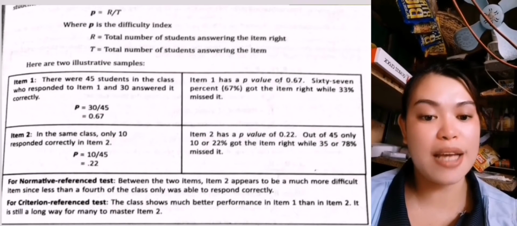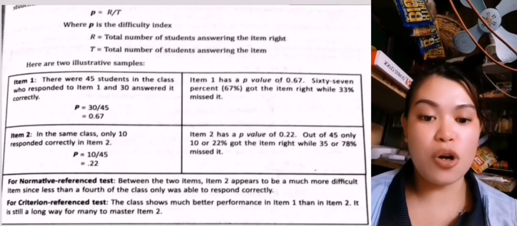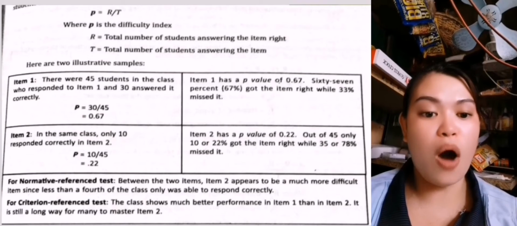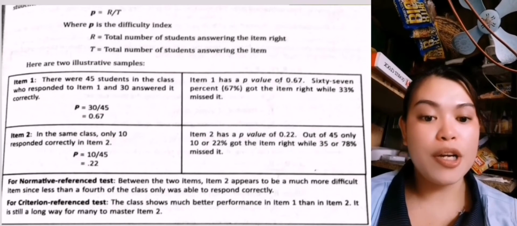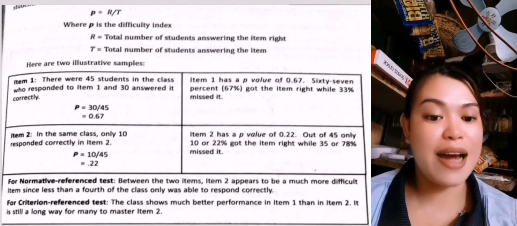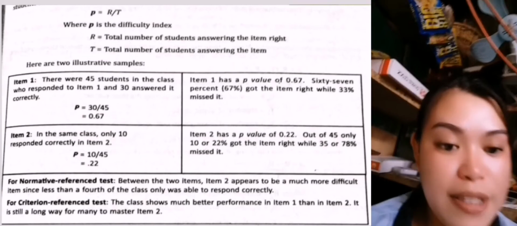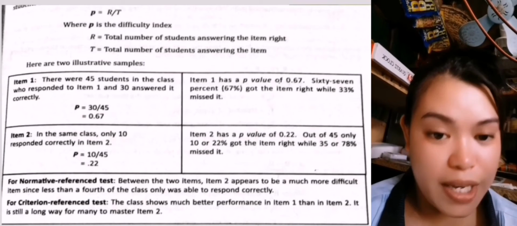So item 2 has a p-value of 0.22. So out of 45, only 10 or 22% got the item right, while 35 or 78% missed it.